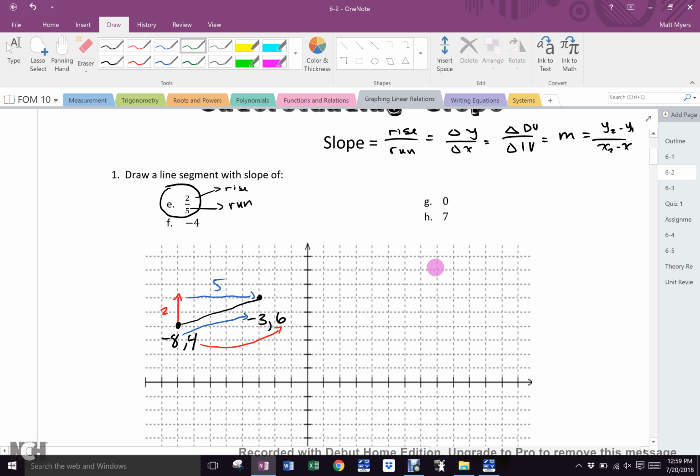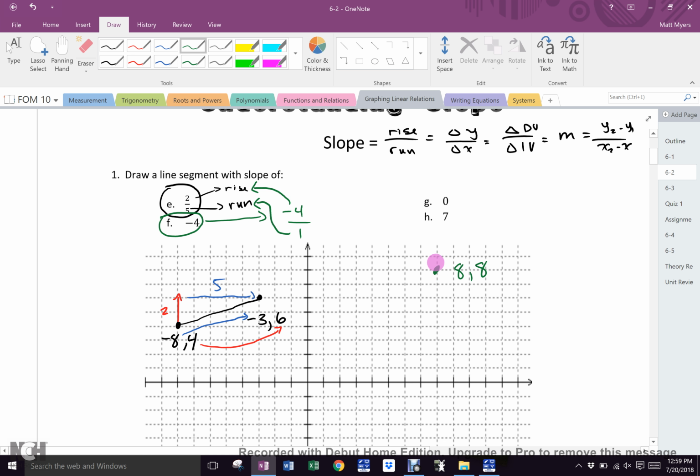I'm going to put mine there, at 8, 8. Now from there, I would like to do a slope of -4. What is -4 really? -4 over 1, which makes the -4 a rise and the 1 a run.